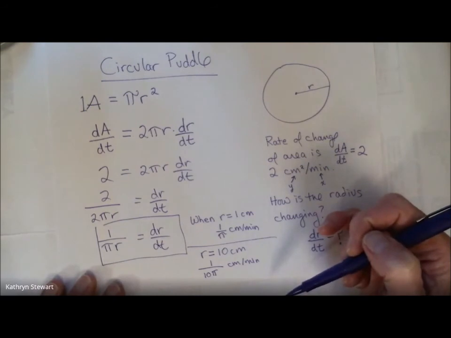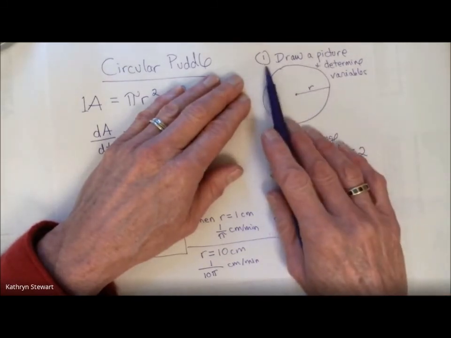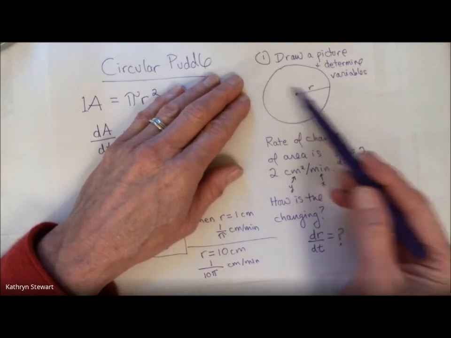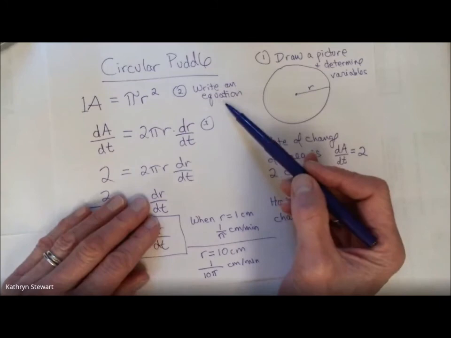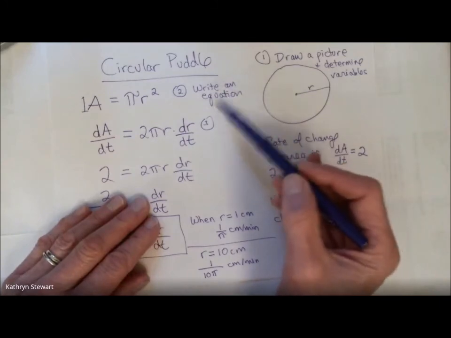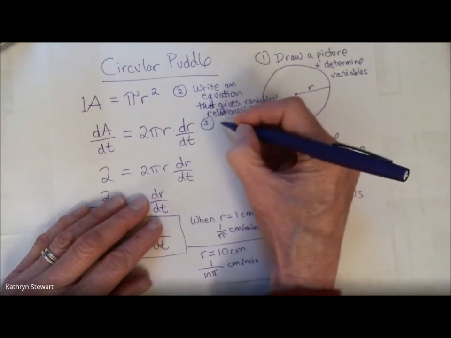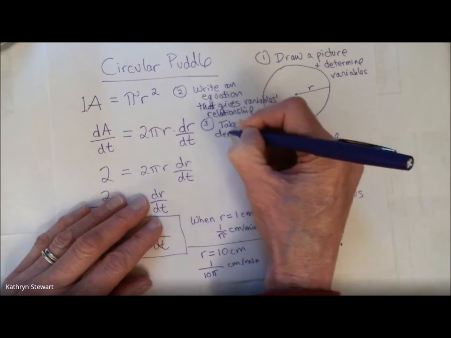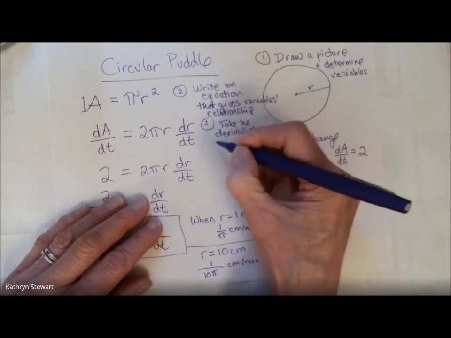So this, my friends, is how we are going to approach related rates problems. I'd like to, 1, draw a picture and determine the variables. So my variables here were area and radius. 2, write an equation that gives you a relationship between the variables. 3, take the derivative with respect to time, because time is your independent variable.